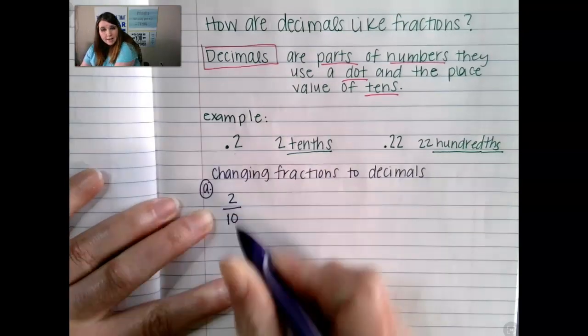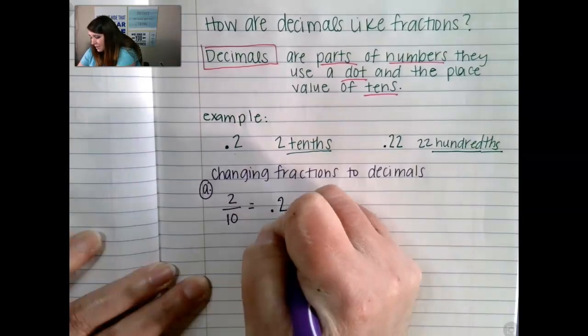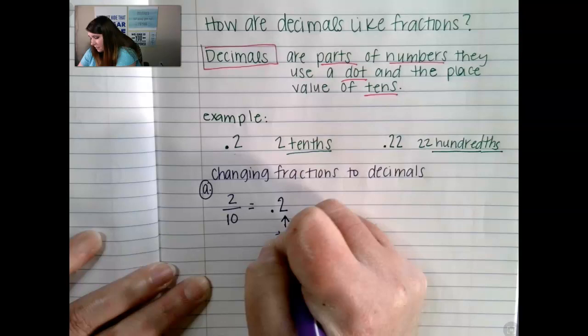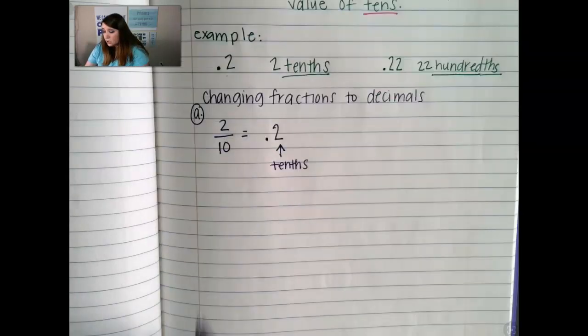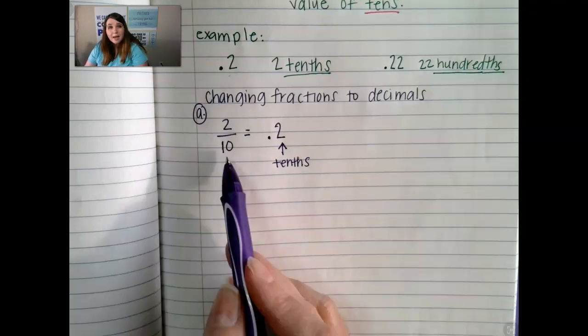2 over 10 is equal to 0.2 because this right here, that is the tenths column. So when I write it, I just write 0.2, 2 tenths. Okay, so that's how we write that. It also means 2 divided by 10.